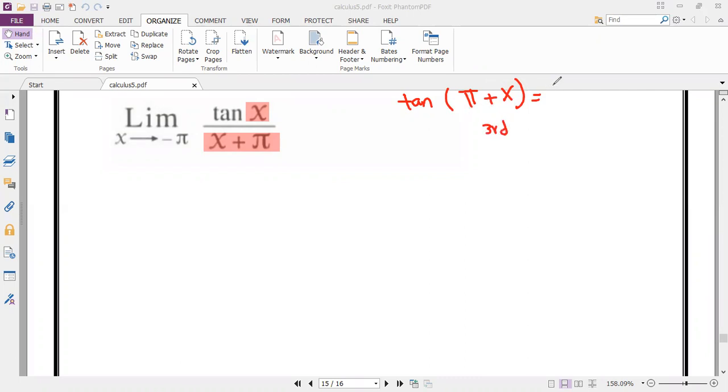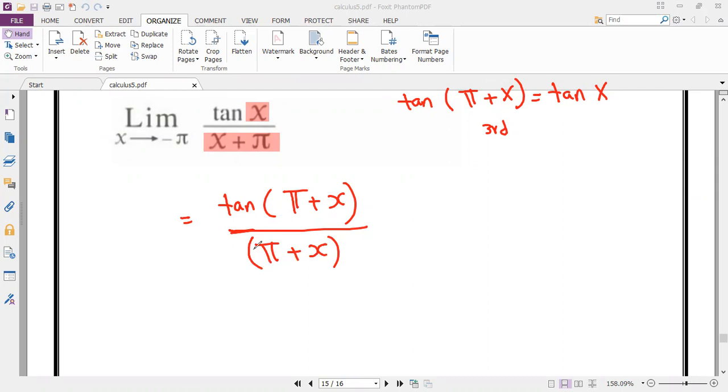So tan of pi plus x is going to be tan x. So instead of tan x, we can write tan of pi plus x, all divided by pi plus x. Here, the two angles are the same. So we divide the coefficient here by this coefficient. That is going to be 1 divided by 1, which is 1.